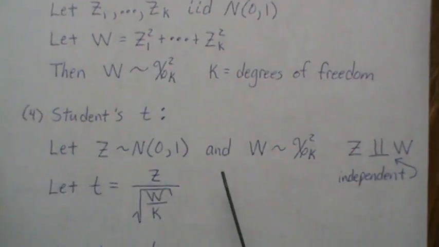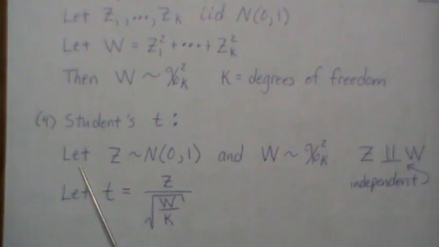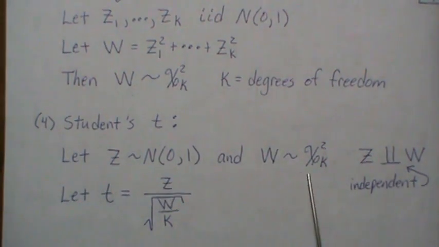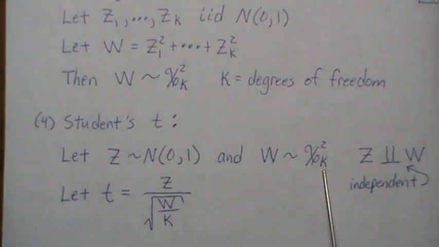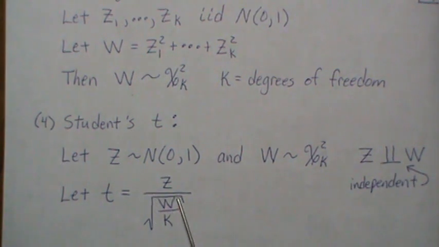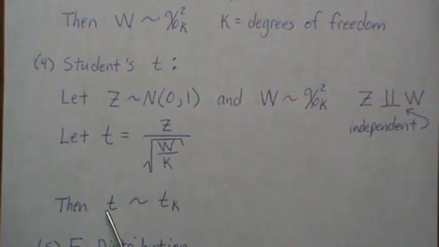The student's t distribution: if we let z be standard normal and w be a chi-squared with k degrees of freedom, z and w independent, then T equal to z divided by the square root of w divided by k has a t distribution with k degrees of freedom.